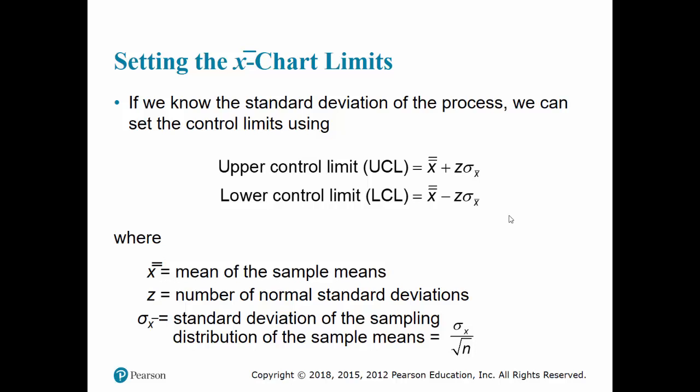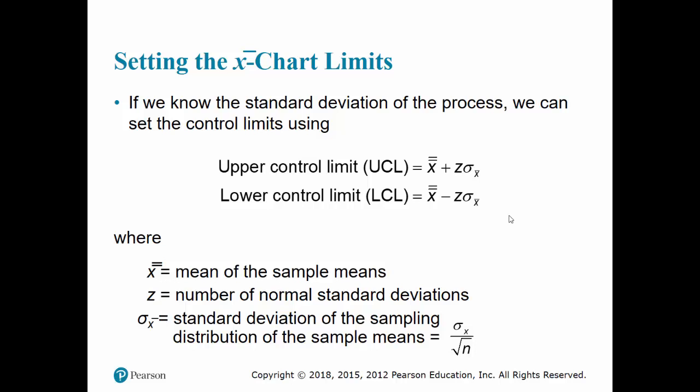For example, if you're running a production process on an 8-hour shift, you may want to take one sample every 15 minutes. So this is the first stage. Remember, we are now trying to develop the control limits. Every 15 minutes, each sample is pretty small, say 5 or 4 or 3. But you repeat the sampling many times, maybe 20, 30, 40 times.